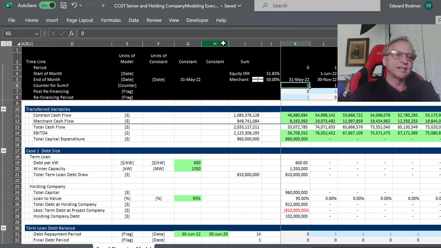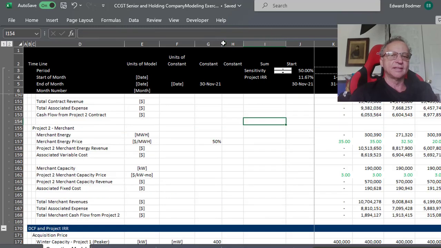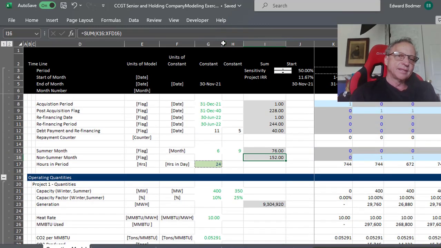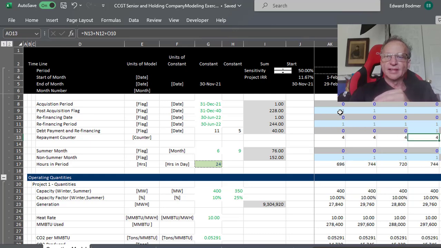So we put an initial thing, and we have a little counter for the SUMIF. And if it's 1, 2, 3, 4, well, when it's 1, we take this whole thing in the up here, and we find the repayment counter. Okay, so we did a counter that counts from 1, 2, 3, 4, 5, 1, 2, 3, 4, 5.